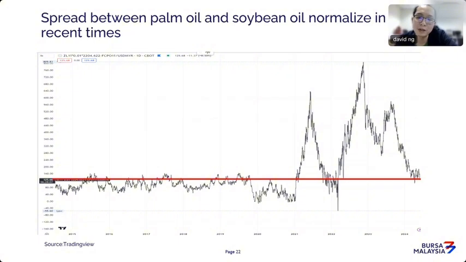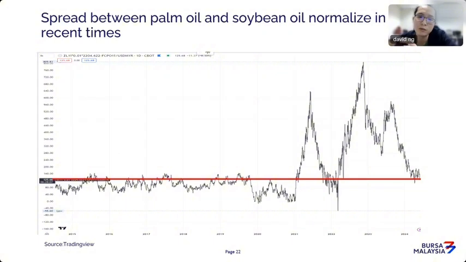But during the height of the pandemic, we broke out of the range. It went as high as almost 800 US dollars. That's unsustainable. When you have such a high premium, it's telling you that soybean oil is way overvalued, or either way, your palm oil is way undervalued. Sooner or later that spread adjusted, and now we're back to its long-term average of about 100 to 150.